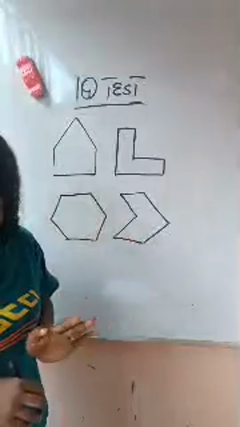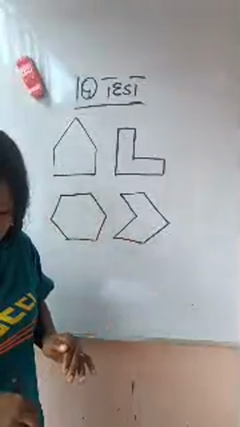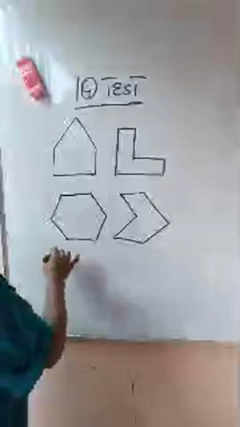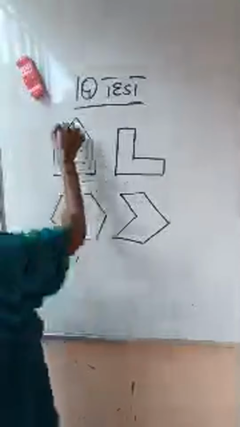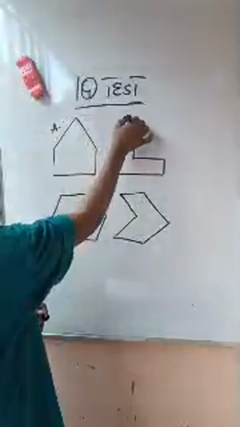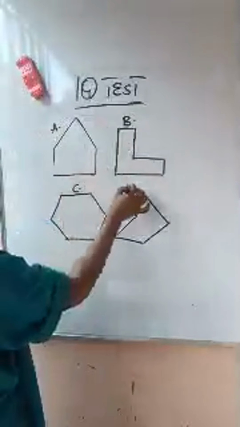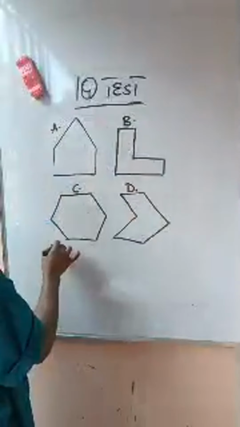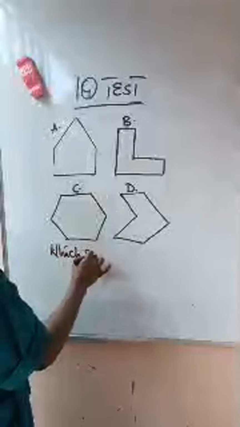Okay. Now the question says, which shape does not belong to the group? This is A, this is B, this is C, this is D. Which shape does not belong to the group?